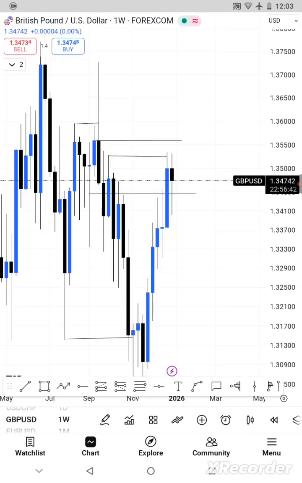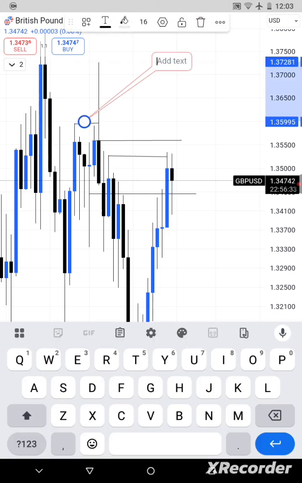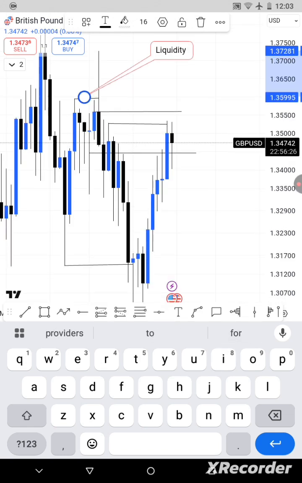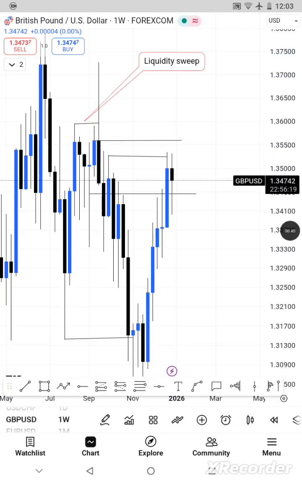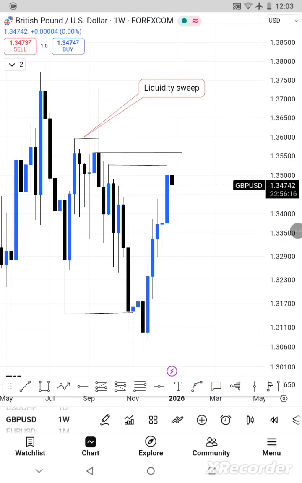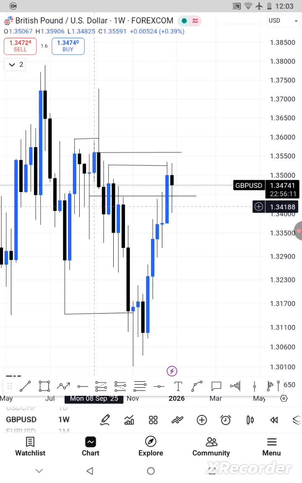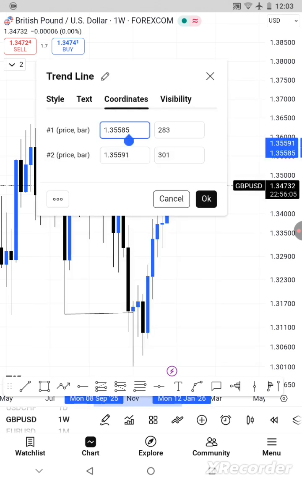On the weekly time frame, I can see a liquidity sweep. A liquidity sweep means that this high is a strong high. We can also see a strong POI here.